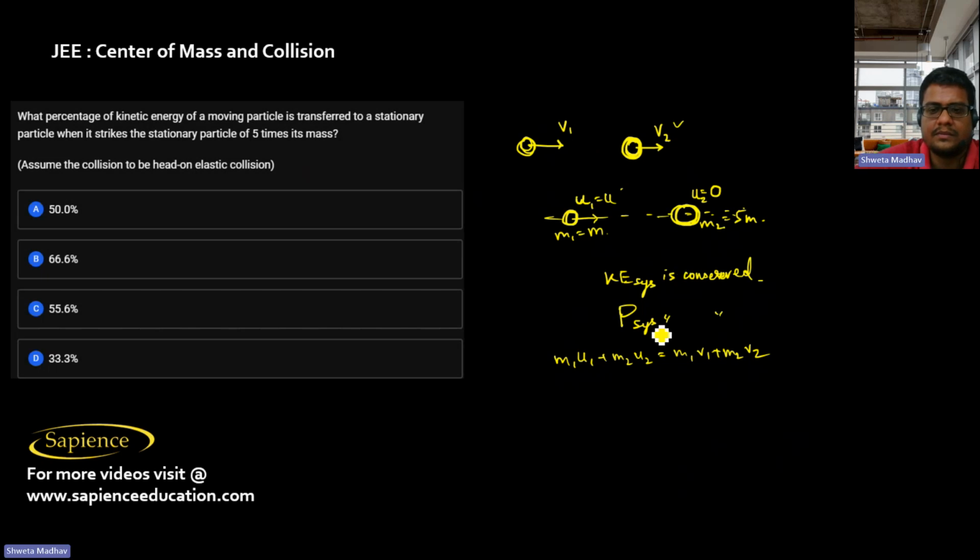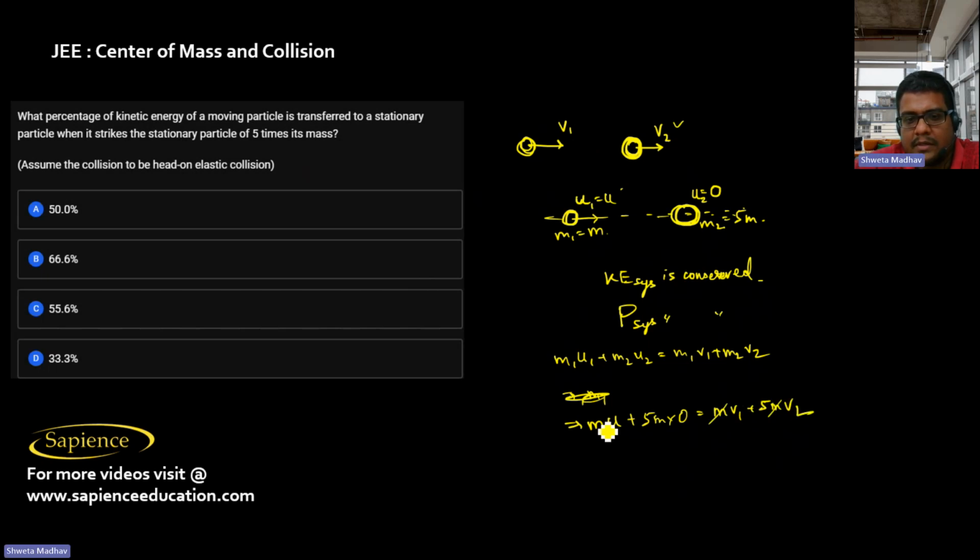Then we have to find out how much percentage of kinetic energy of this moving particle is transferred to the stationary object. So we can say m into u plus 5m into 0 is equal to m into v1 plus 5m into v2.